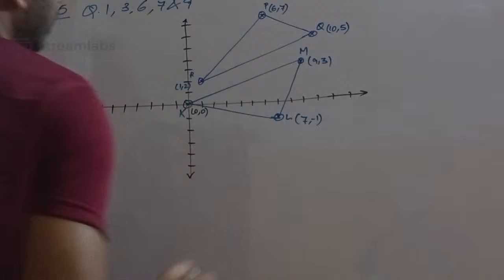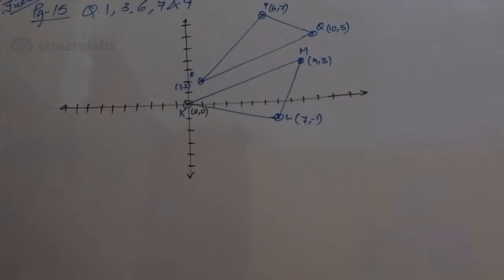So the triangle will come something like this. Alright, so these two triangles are drawn.